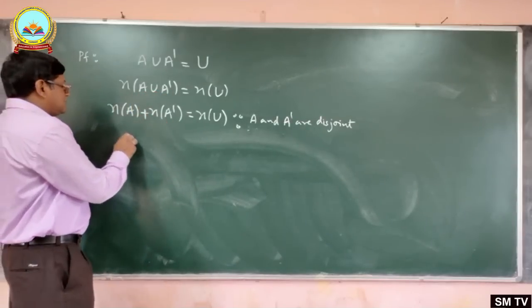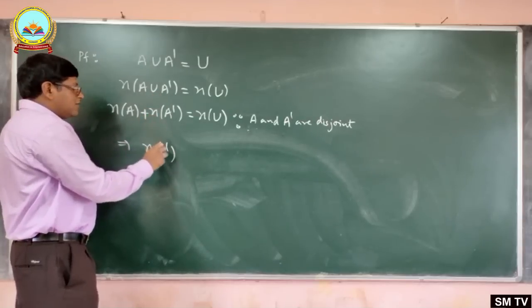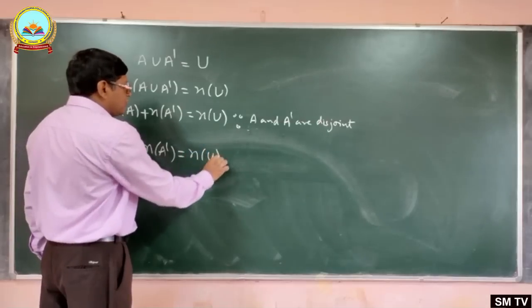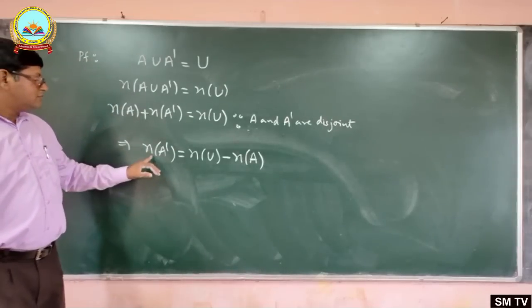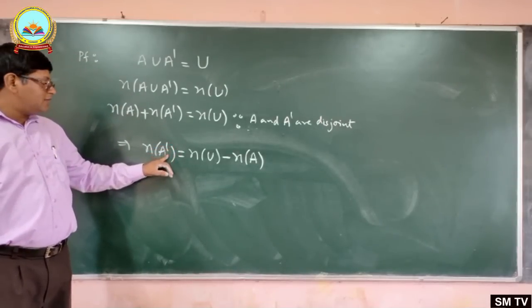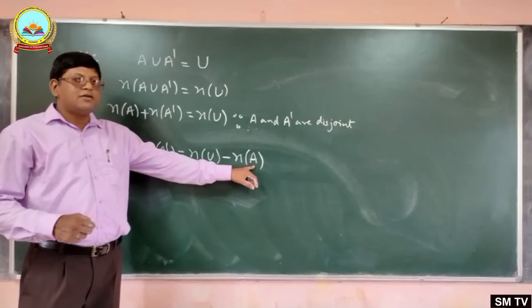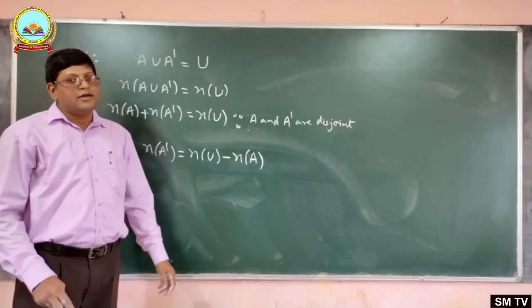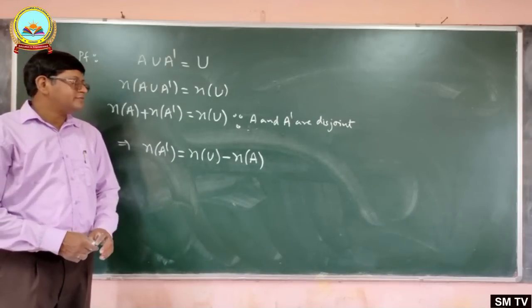So this implies n of A dash is equal to n of U minus n of A. Number of elements present in the complement of set A is equal to the number of elements present in the universal set minus the number of elements present in the set A. Okay.